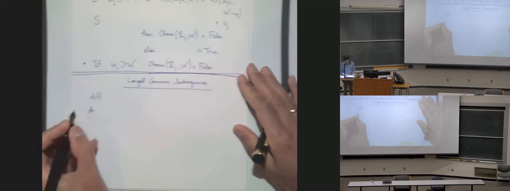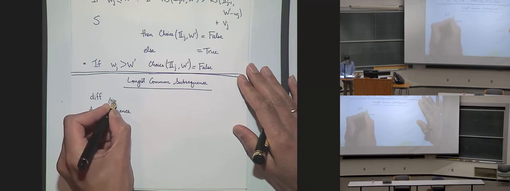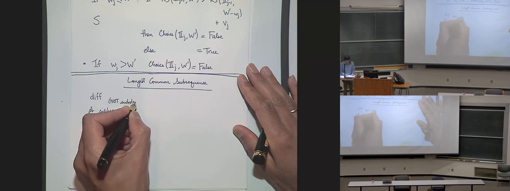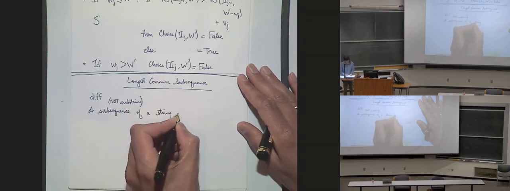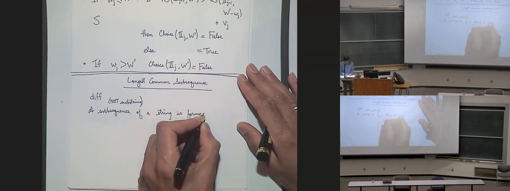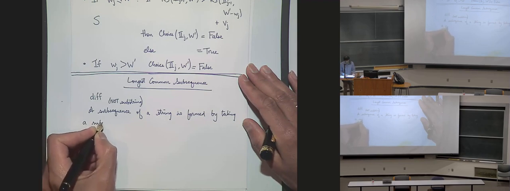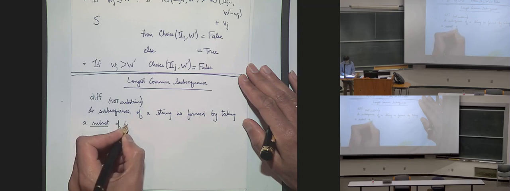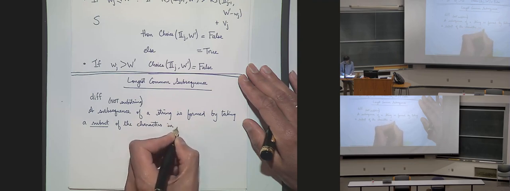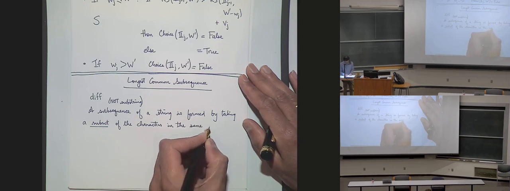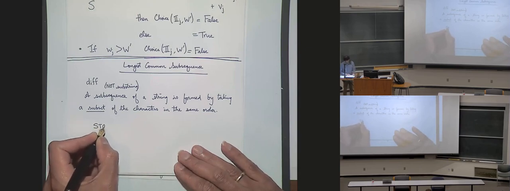A subsequence, not substring, of a string is formed by taking a subset of the characters in the same order.